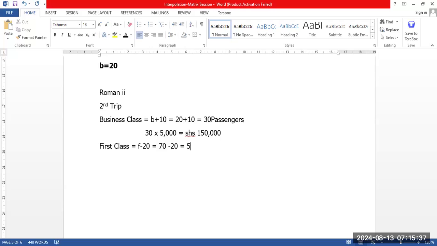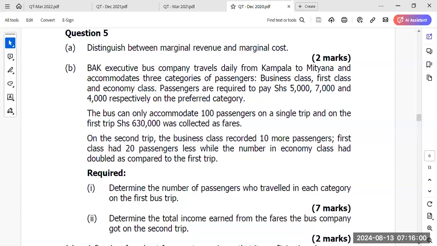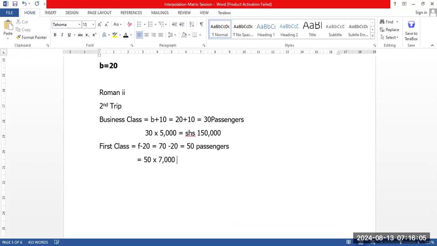And you get 50 passengers. But we need the amount. So this is 50 times the first class. How much are they paying? First class, they are paying 7,000. And the amount is shillings 350,000.